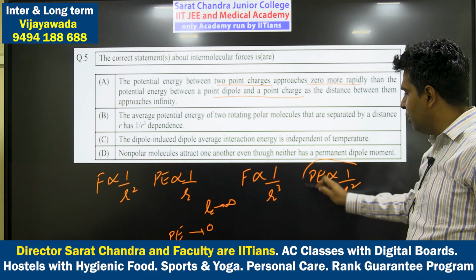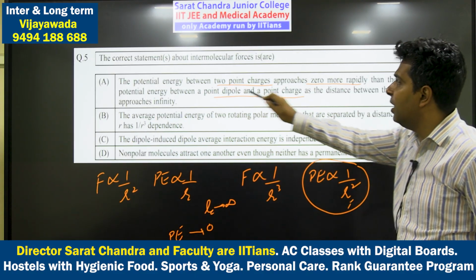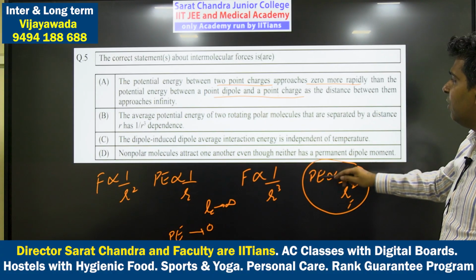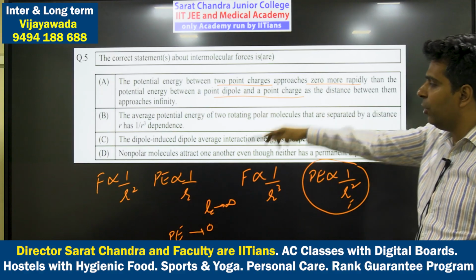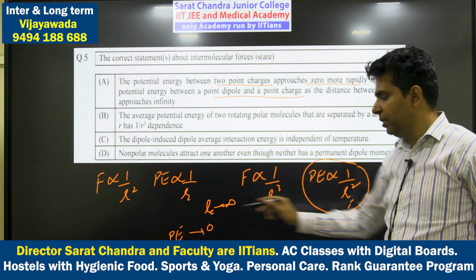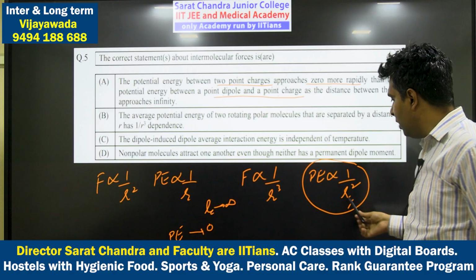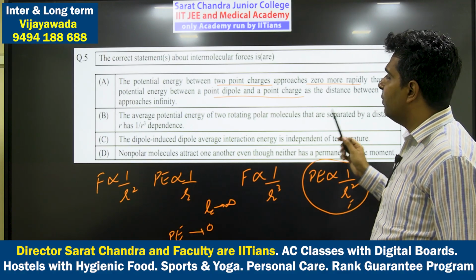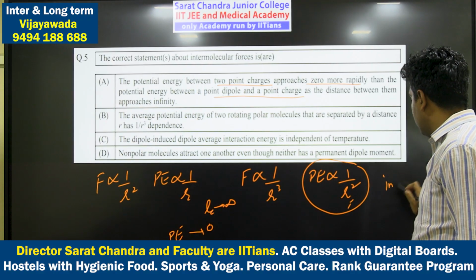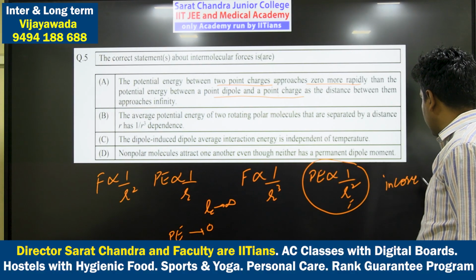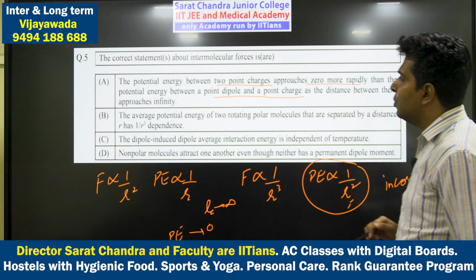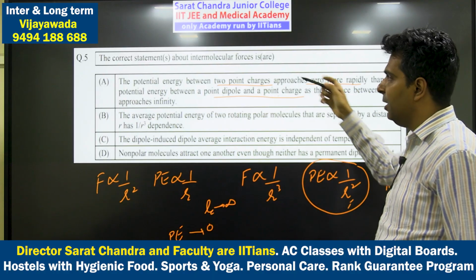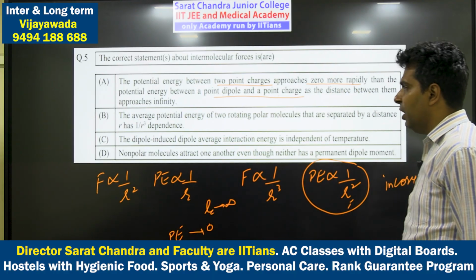So the potential energy of a point charge and point dipole will tend towards 0 more rapidly than 2 point charges, because over here only r is there, over here r square is there. So the first statement is incorrect. The potential energy for a point dipole and point charge will approach 0 more rapidly, not the 2 point charges. So option A is incorrect.